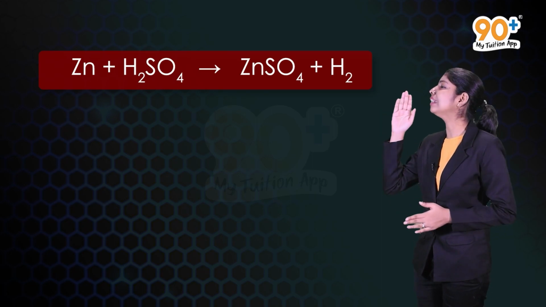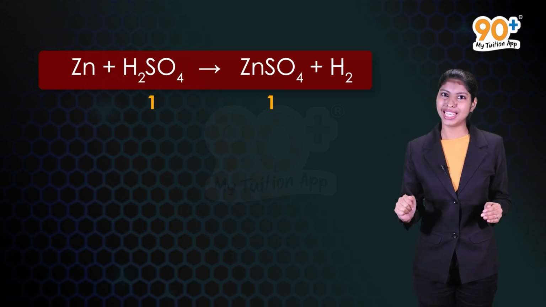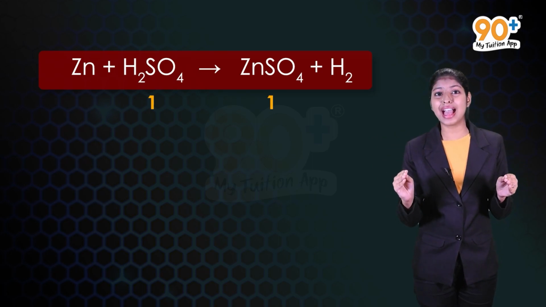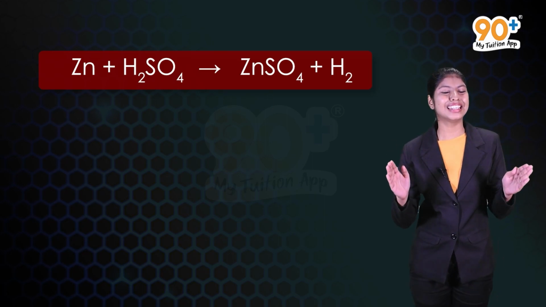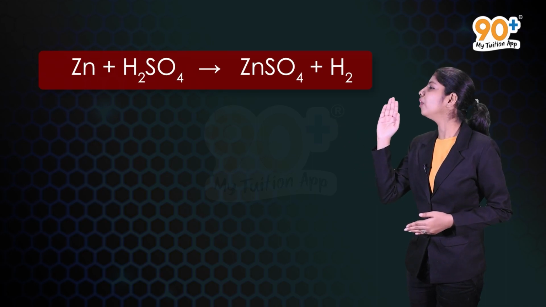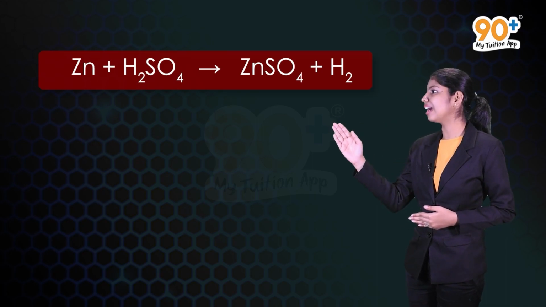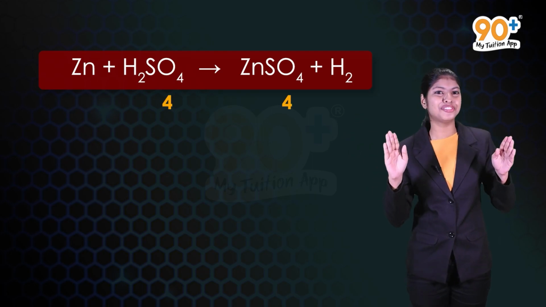Both LHS and RHS contain 1 sulfur each, which means sulfur is also balanced in this equation. The last element is oxygen. Here also both LHS and RHS contain an equal number of oxygen atoms, that is 4.